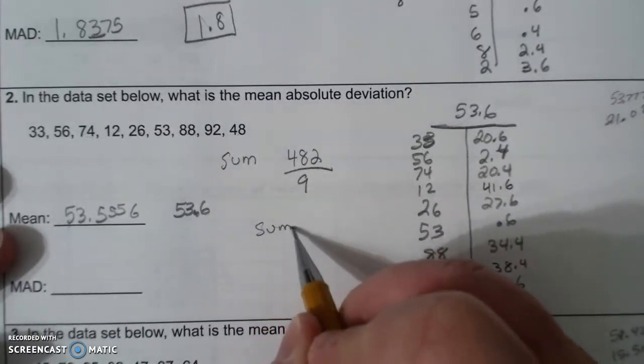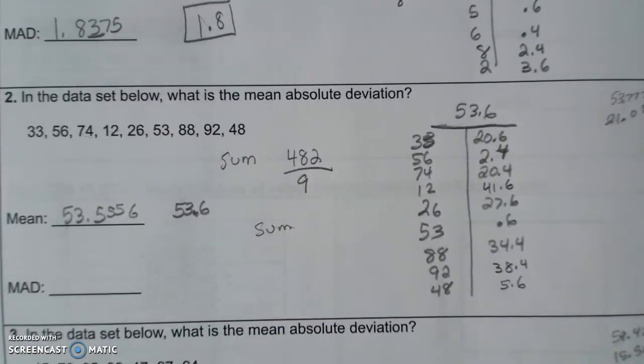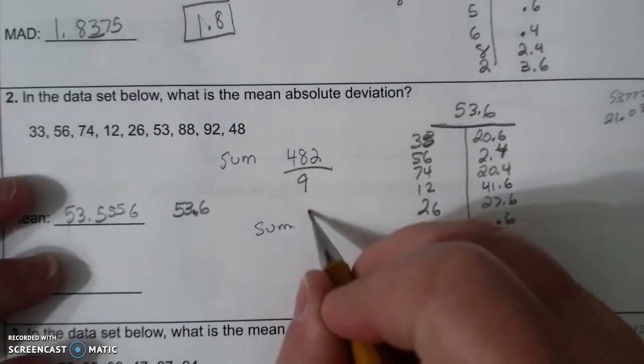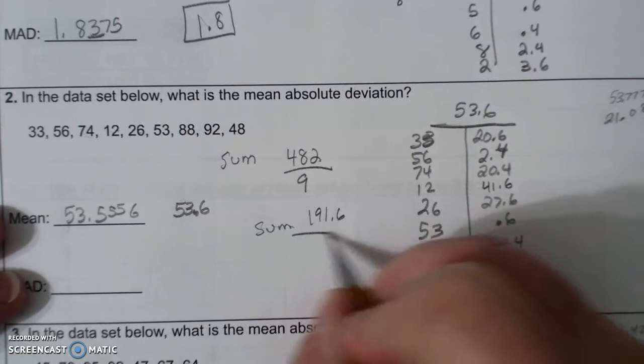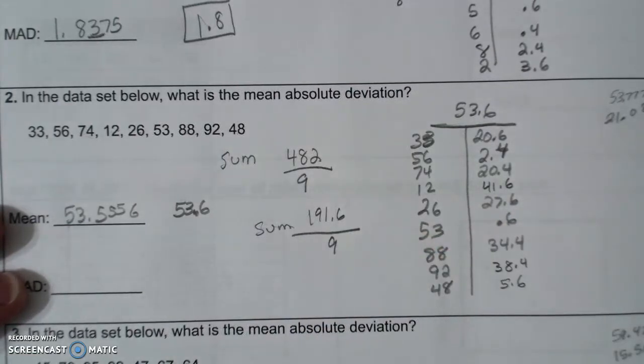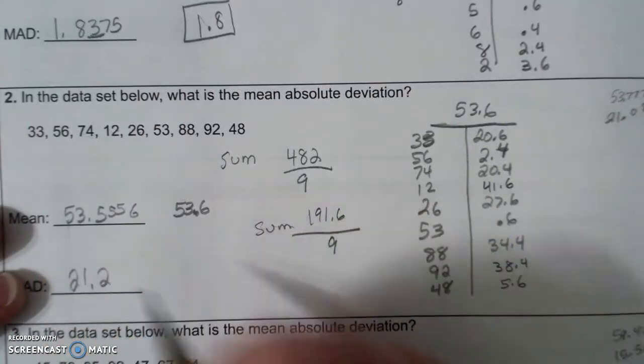I again do the sum. 20.6 plus 2.4 plus 20.4 plus 41.6 plus 27.6 plus 0.6 plus 34.4 plus 38.4 plus 5.6 is 191.6, divided by 9 is 21.2.